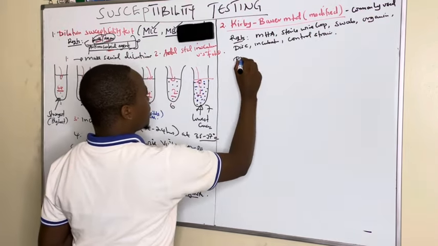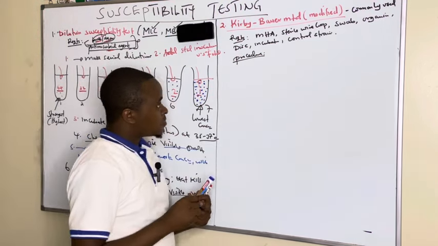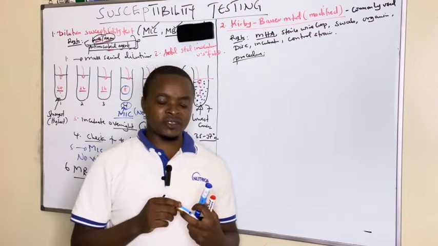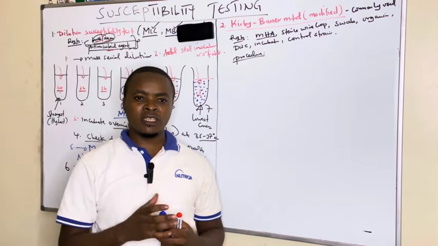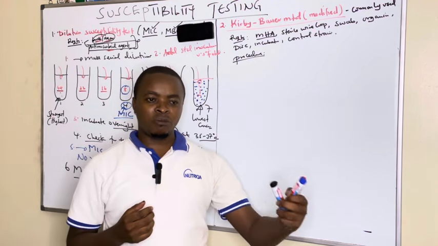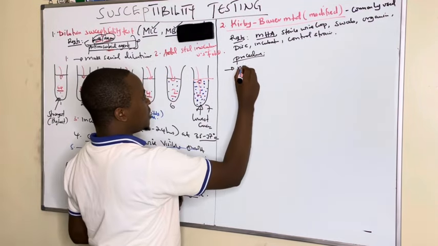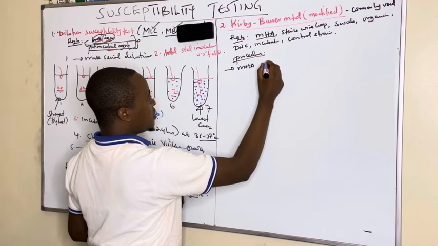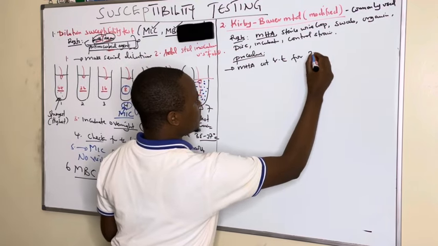So among the procedure of this method, we first obtain the Mueller-Hinton agar. If this Mueller-Hinton agar is already prepared and is in the fridge, because after its preparation it can be kept between 2 to 8 degrees centigrade for 2 weeks, we remove it and put it at room temperature for like 30 minutes.